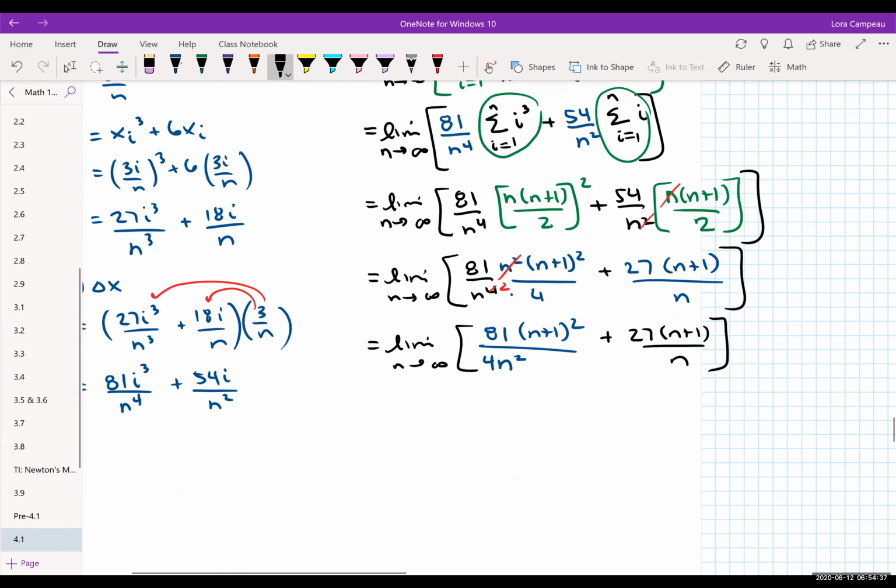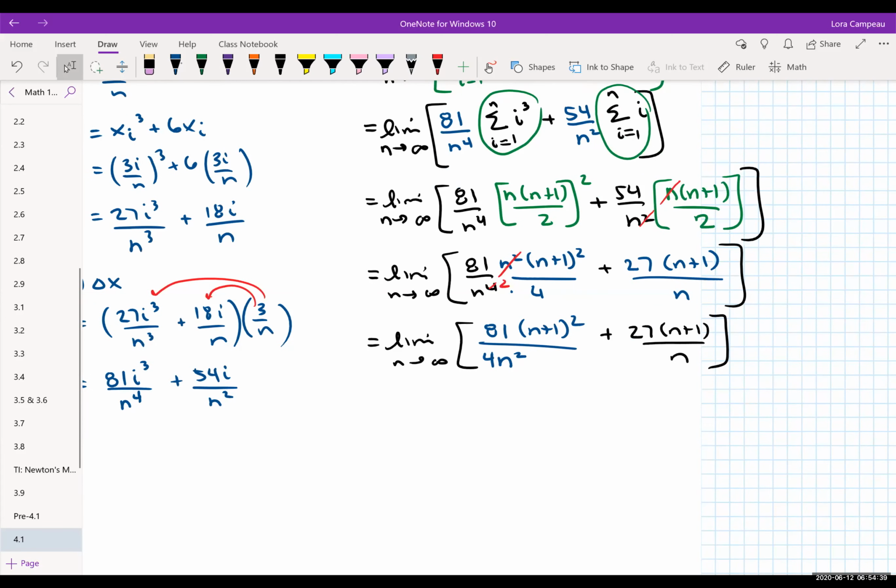Now, we have the limit of a sum. I take some liberties here, and I can still write the individual limits, but we can invoke the rule that the limit of a sum is the sum of the limits. So I still have the limit as n approaches infinity, and now I'm just going to take the leading coefficients, or the leading term dominance.